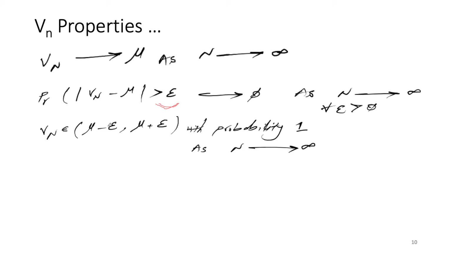So with probability 1, so with a high confidence level, and we will define exactly what confidence level is again, we can be assured that this is within the range mu minus epsilon and mu plus epsilon, somewhere around that, right?